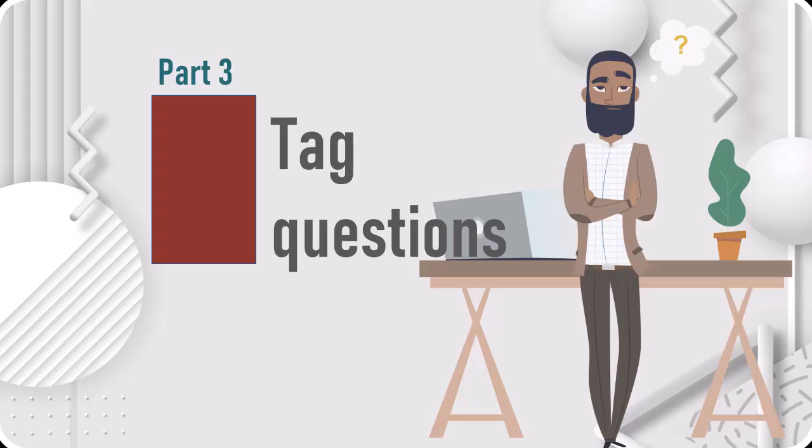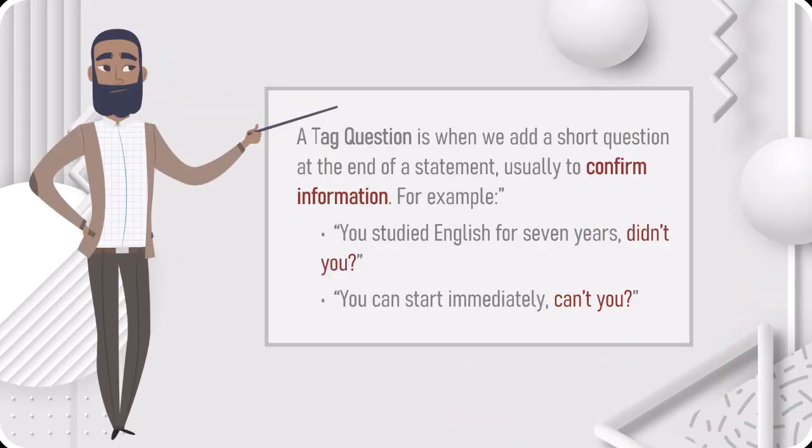Next is the tag questions, but as we said, we are not going to tackle it exhaustively here because we are going to have another lesson for that. A tag question is when we add a short question at the end of a statement, usually to confirm information. For example, you studied English for 7 years, didn't you?